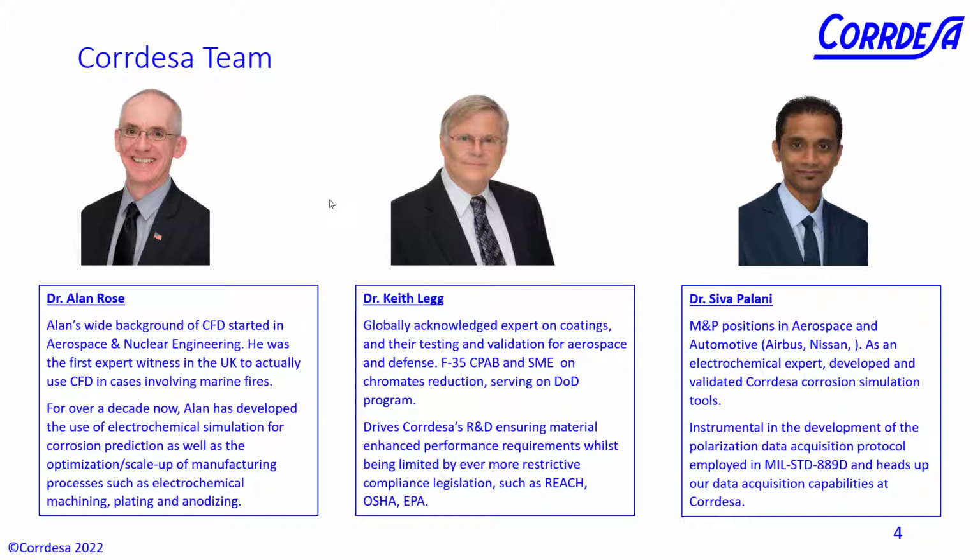Keith's background is expertise on the reduction of hazardous materials and deployment of new and alternative materials and processes that keep you on the right side of OSHA, EPA and REACH. And Dr. Sivaplani heads up our electrochemical laboratory. He's had a big hand in the development of protocols for measuring and characterizing the necessary data to enable corrosion simulation.